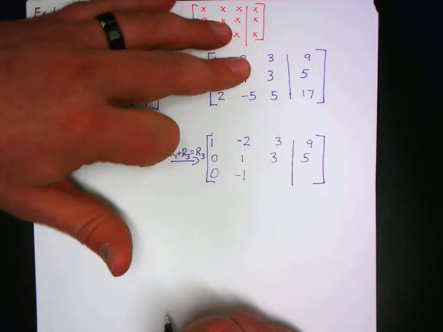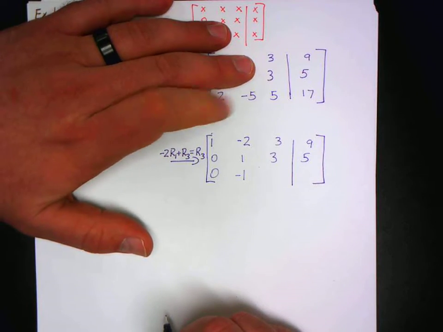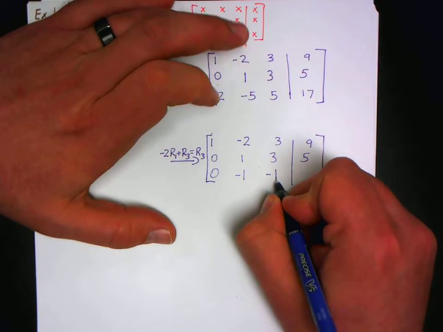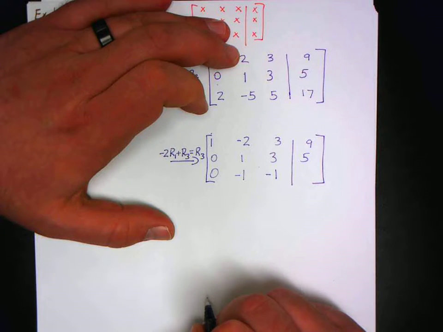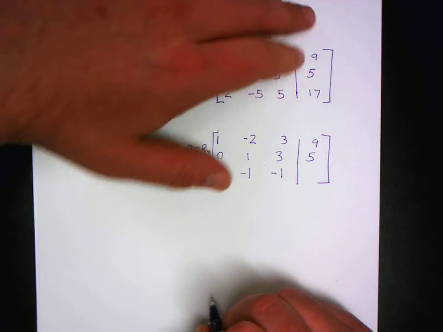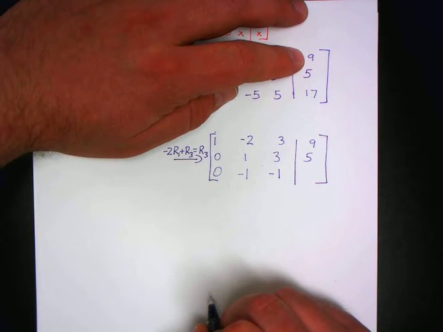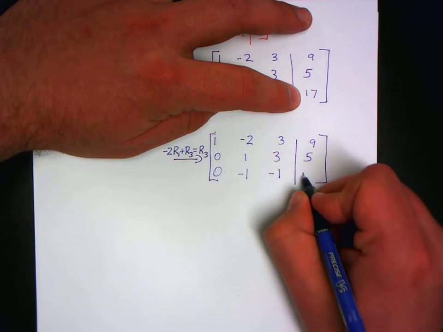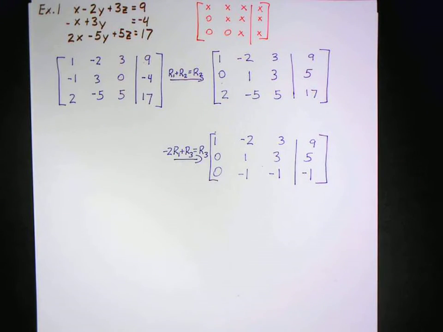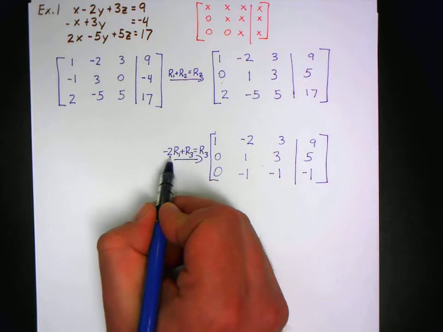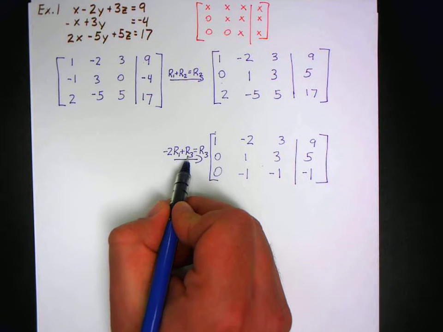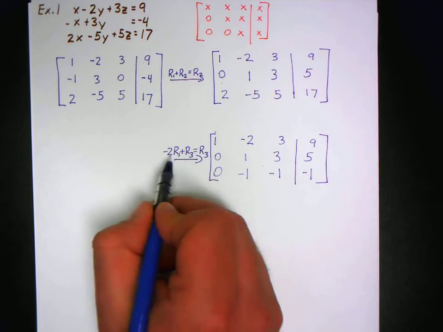Negative 2 times 3 is negative 6 plus 5 is negative 1. Negative 2 times 9 is negative 18 plus 17 is negative 1. We're completely ignoring the second row. Yep, didn't use it because this says I'm taking negative 2 times row 1 plus row 3. So the second row isn't part of this at all.